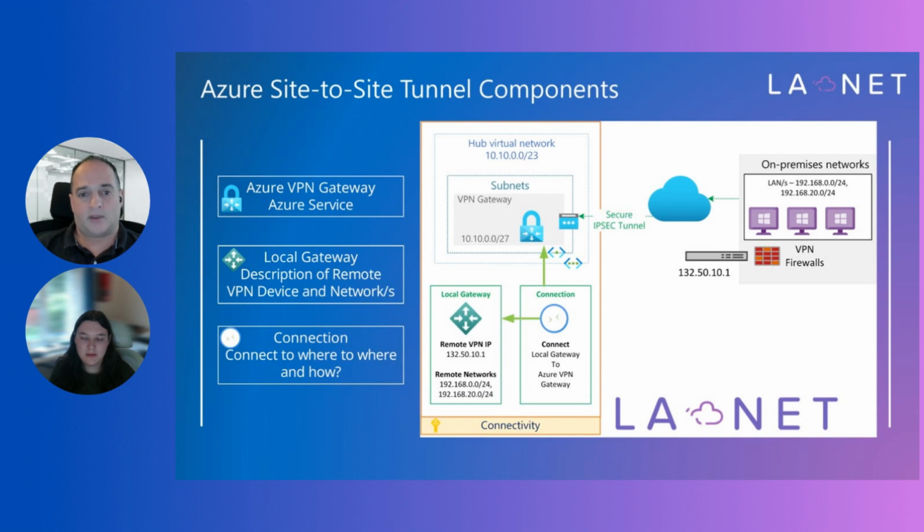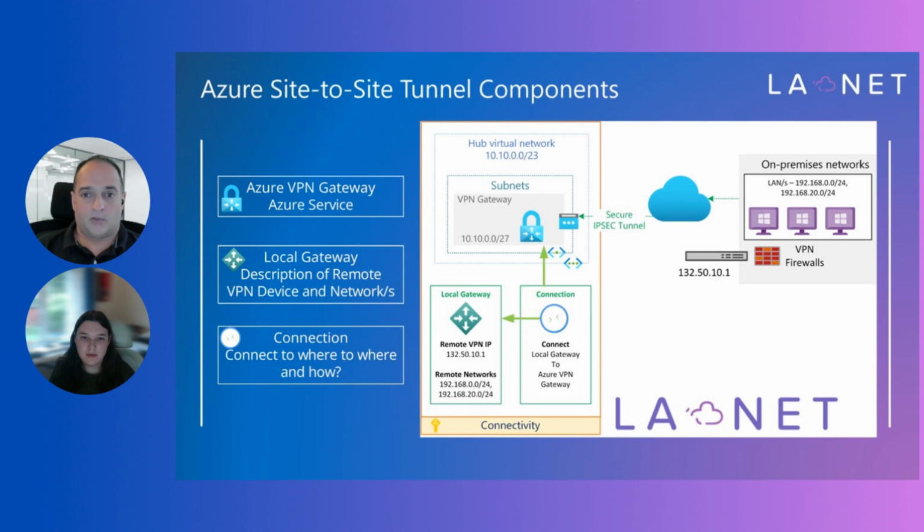So it will have the IP address of your VPN device, as I've shown in this diagram here. It will also have the IP network ranges of the networks that you've got on your on-premises environment as well.